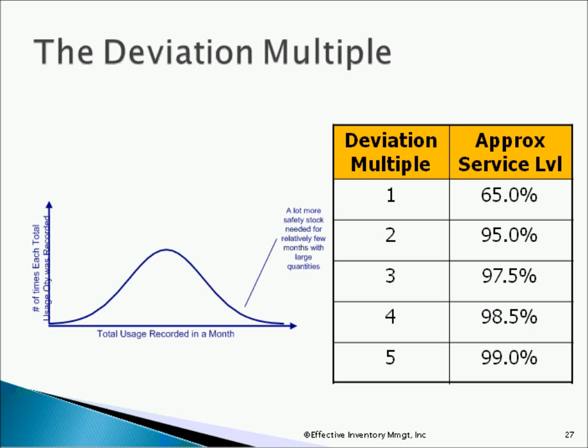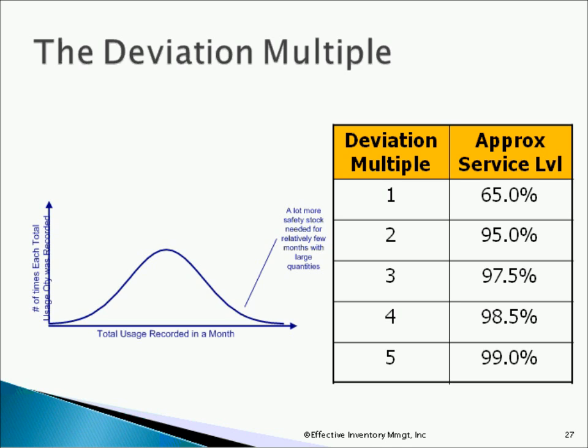Because when you sell a product with recurring usage, you'll have a few months where you sell a very small quantity, and you'll have a few months where you sell a very large quantity, and you'll have quite a few months where you'll sell what I'm going to call a typical quantity of the product. Okay? What we're doing when we add more safety stock is saying we want to be able to handle our customers' needs in those relatively few months where I sell a large quantity of the product.